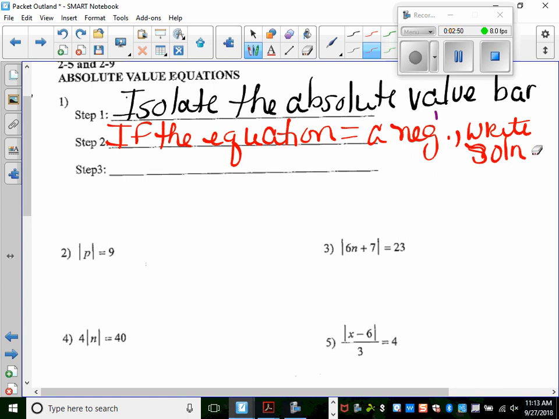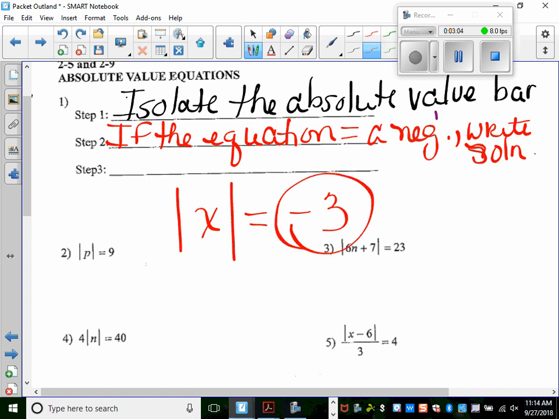Okay. Now, why is that? Can you actually have something like this and it equals a negative number? No. So once you isolate those bars and you see that the number after the equal sign is negative, you will simply write no solution for that.